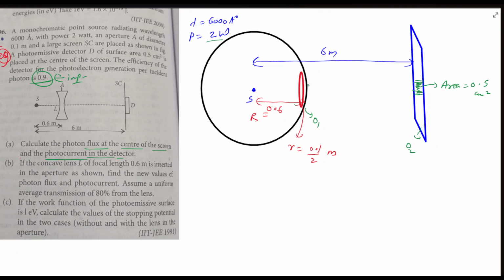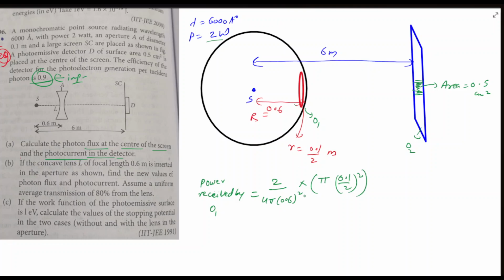So I will use the formula directly. Power received by O1 will be equal to the total power, 2, divided by 4 pi 0.6 square, into the area of this aperture, pi into 0.1 by 2 to the whole square.